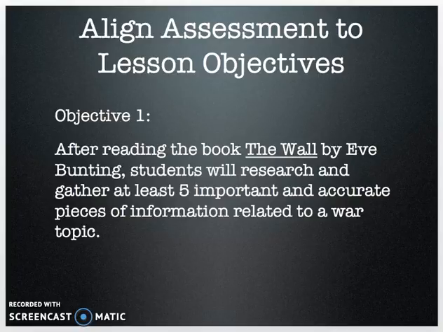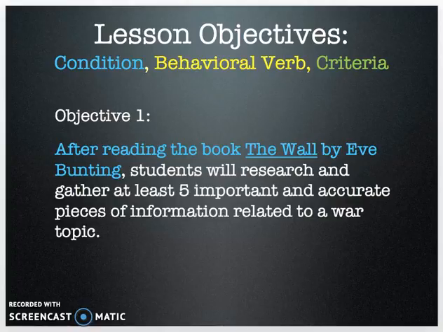Let's see what it looks like when we break the parts down, as a review. The condition would be, obviously, after reading the book The Wall by Eve Bunting. The verb is research and gather.